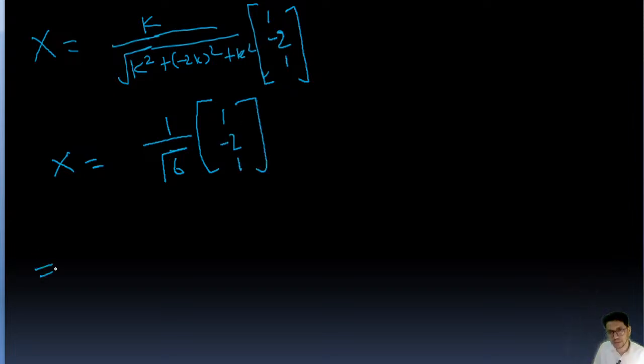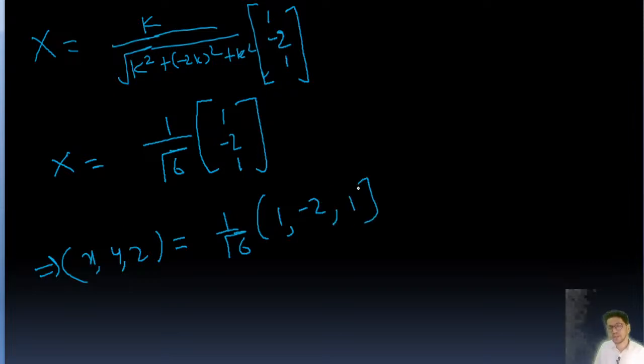This implies the value of x, y, z is 1 upon root 6 into 1 minus 2 and 1. So this is the answer.